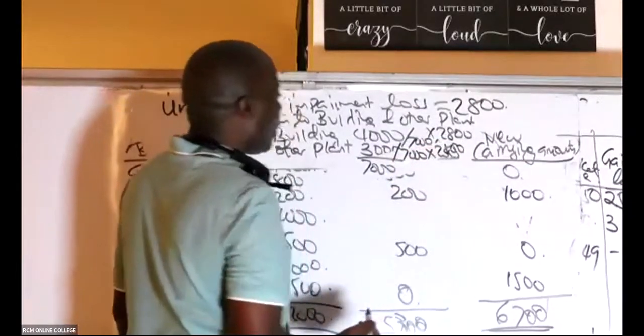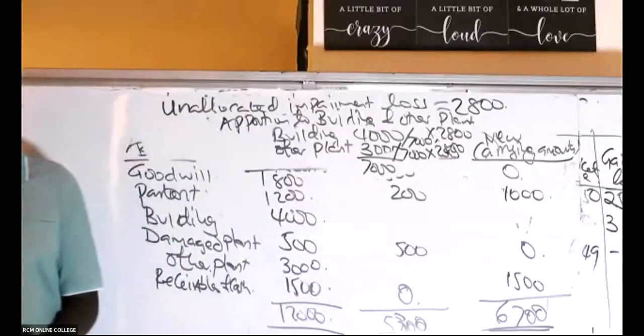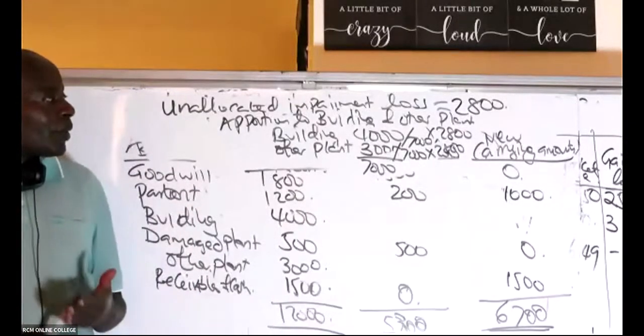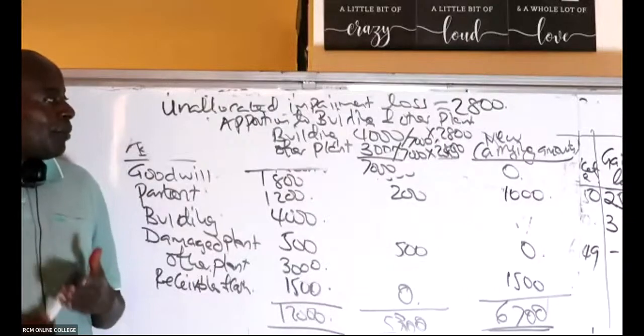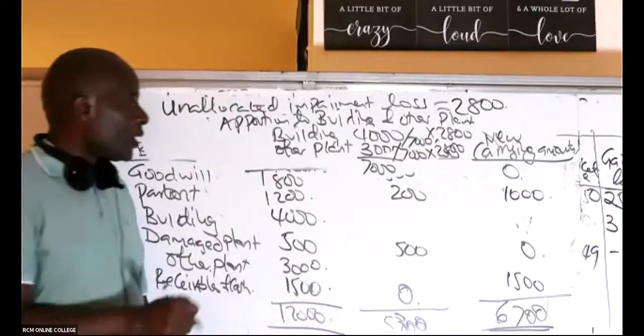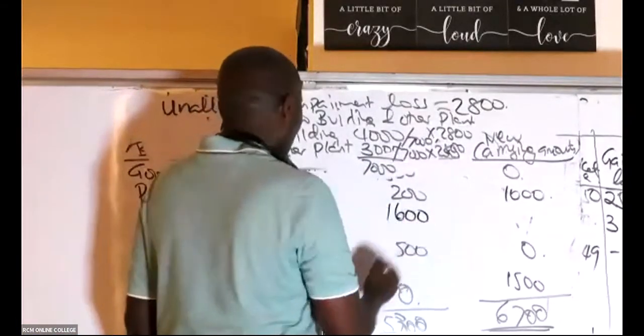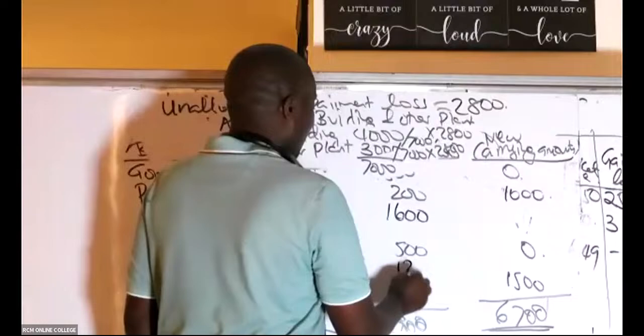Is there anybody who is able to give me the impairment loss of building? 1,600, right? So for building, 1,600, and then other plant, 1,200.